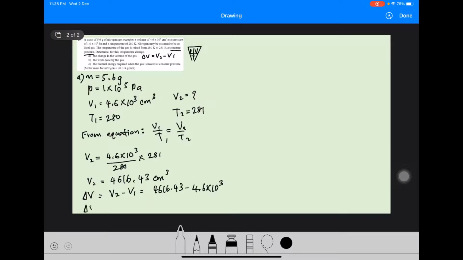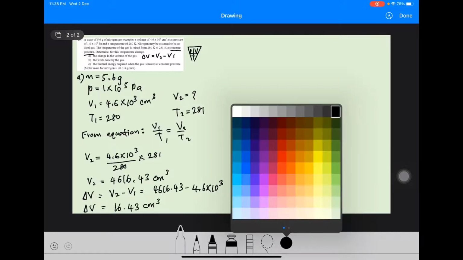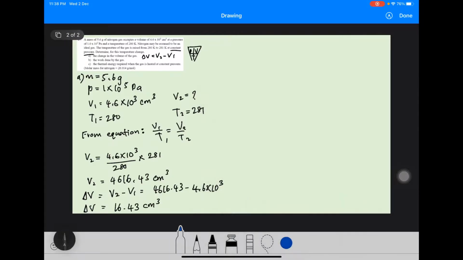Delta V that I got here is actually equal to 16.43 centimeter cube. So I use everything in centimeter cube for now. So the final answer here will be in centimeter cube. So that's that one for question A.